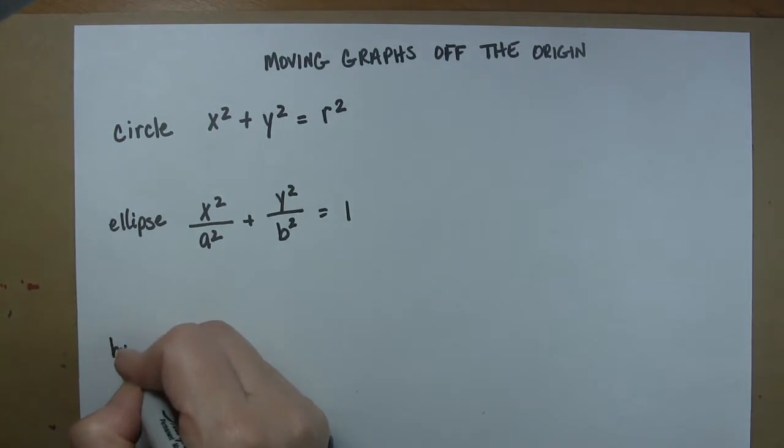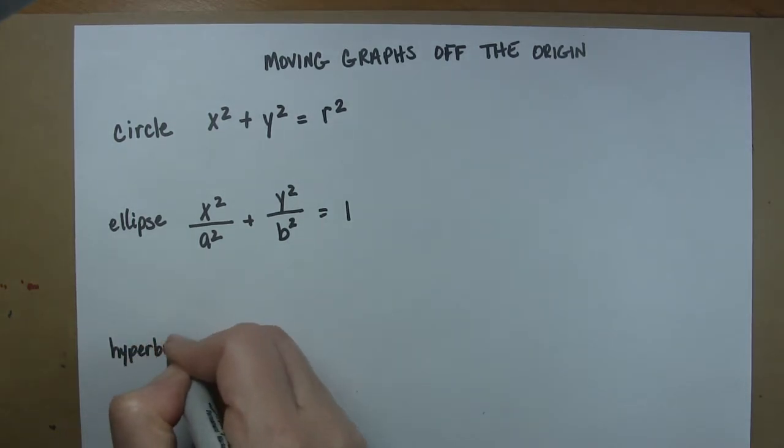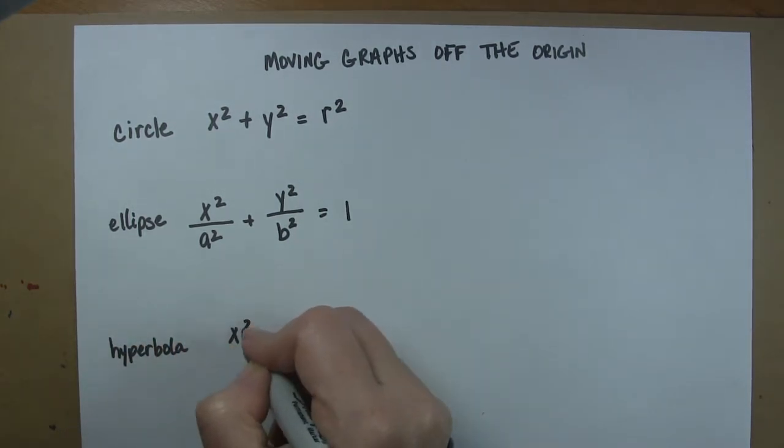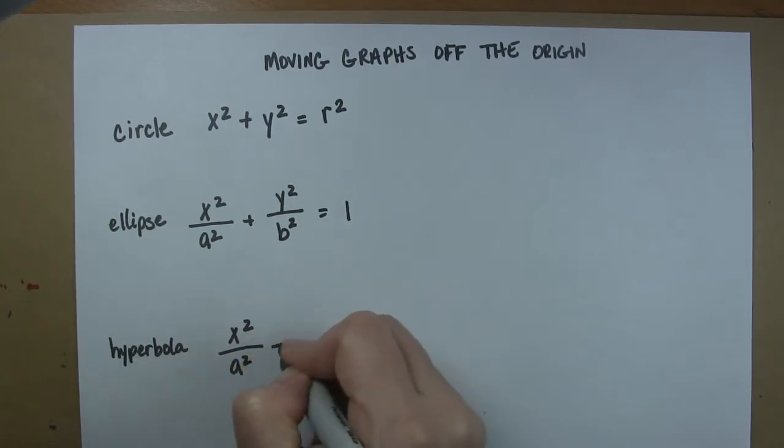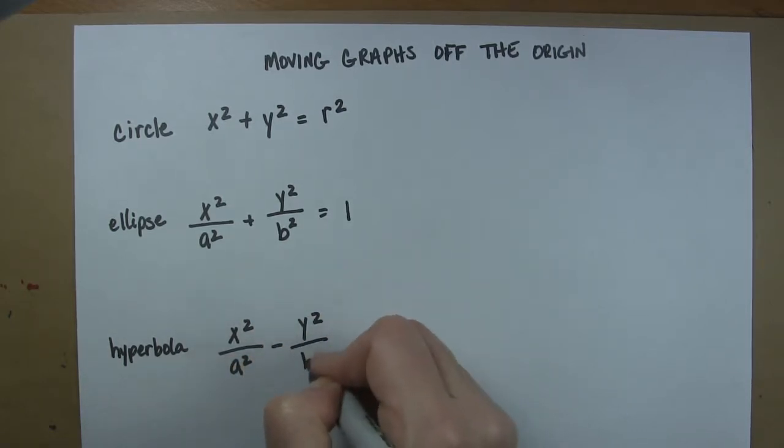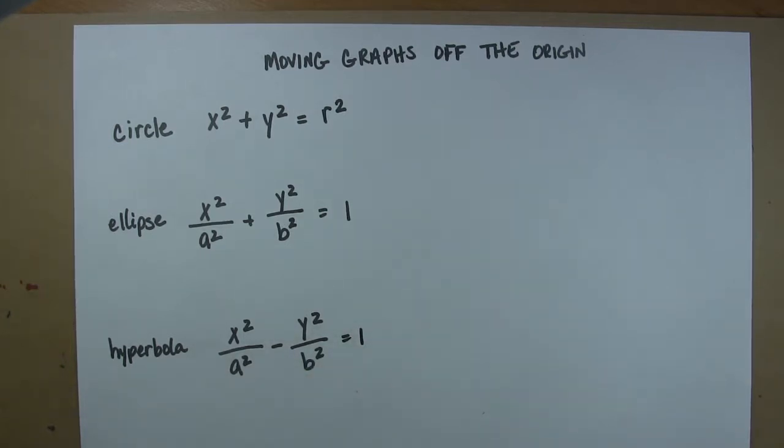And we know that the hyperbola has the general equation of x squared over a squared minus y squared over b squared equals 1. So this is all well and good as long as the figure is centered around the origin.